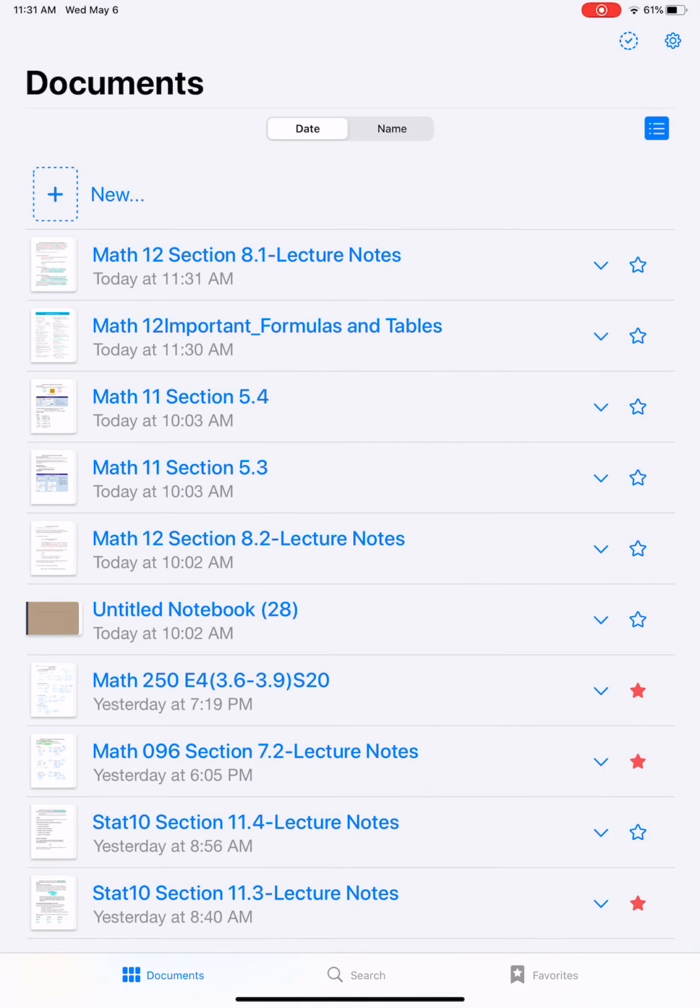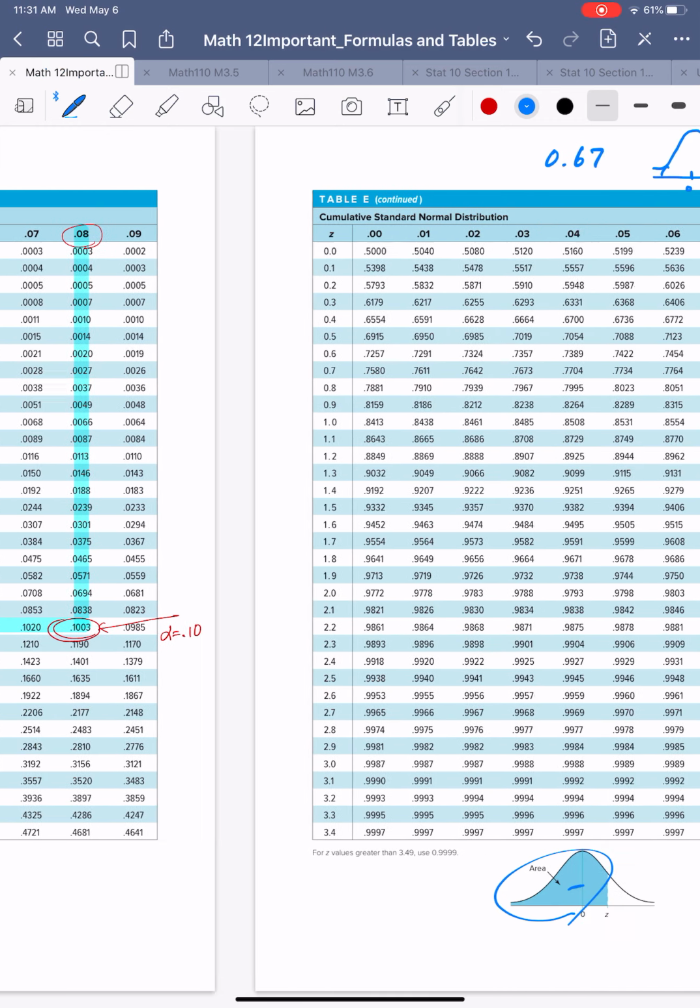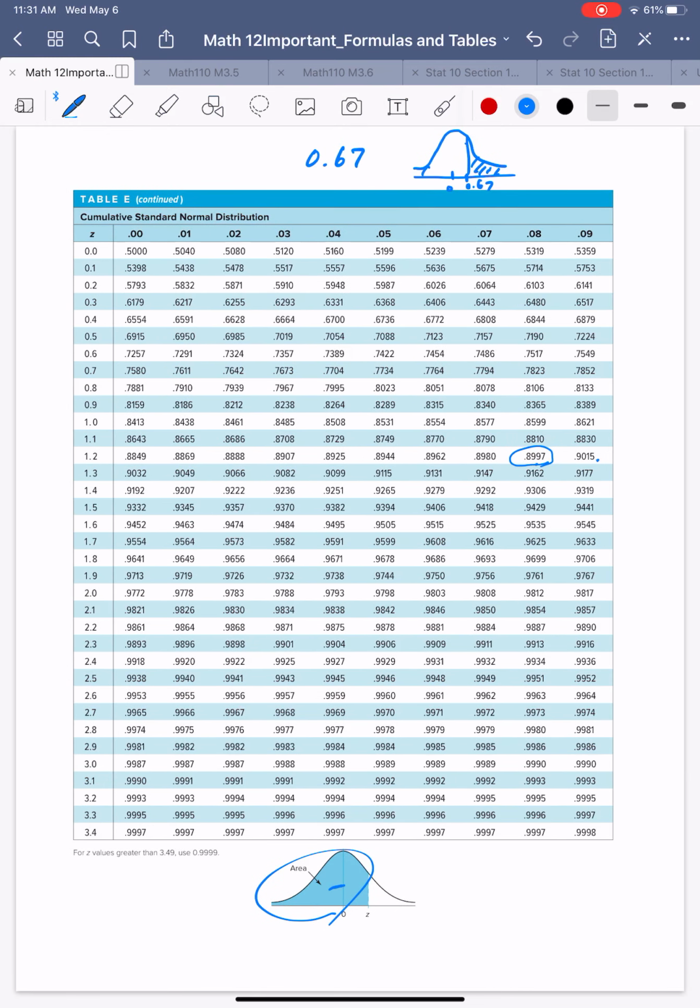If you use that in the table, we have to go to the positive side. So we look for 0.995. 0.995 is actually between these two values, but we need to round, so we keep this one as the close number.